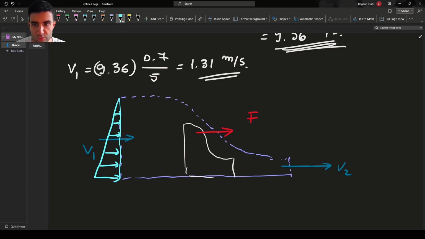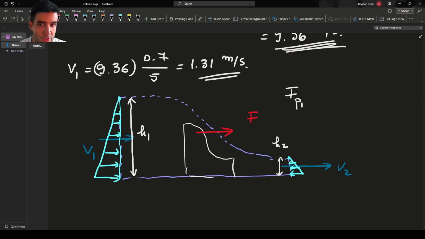So this is the pressure distribution, right? You know it's a linear pressure distribution from top to bottom, and then we have the same situation here. So we have this kind of pressure distribution on the right hand side. We know the height, and essentially we know the force acting on a vertical wall, so this is h1, or I think we use lowercase h1 and lowercase h2. So the force due to the pressure acting on one is the area of that light blue triangle, which is essentially base times height over 2, right?